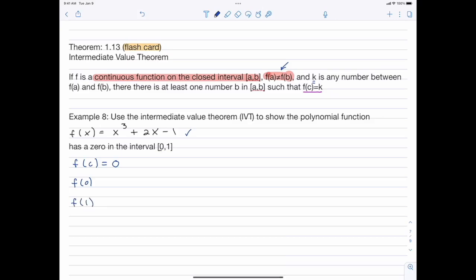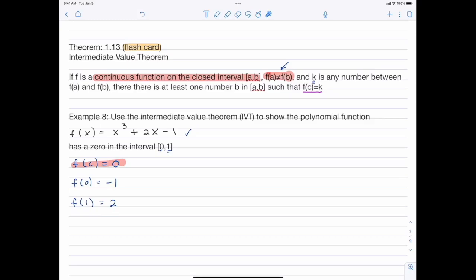I'm grabbing these from the endpoints, plugging the endpoints in, and hoping to see that f of c is in between those values. What is f of 0? Well, f of 0 is 0 plus 0 minus 1, which is negative 1. And what is f of 1? That's 1 plus 2, which is 3, minus 1, which is 2. So I think you'd agree that f of c in this case is between negative 1 and 2. 0 is between negative 1 and 2.